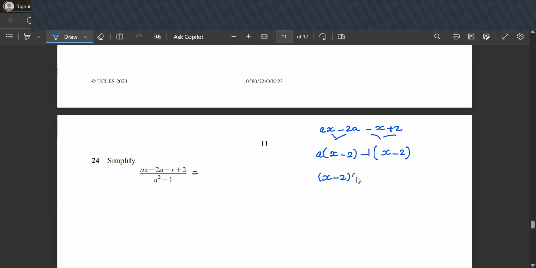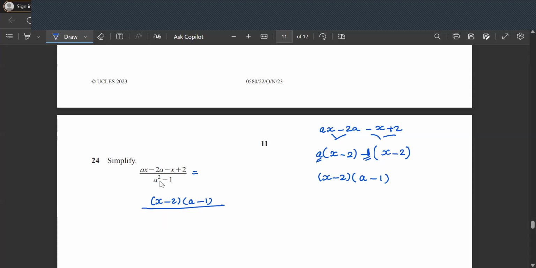Then open a bracket and write the two other common factors you took: a minus 1. You see here, if you forgot to write 1 here, I would say 5% you will forget to write negative 1 here. Okay, go back to the question. I will write x minus 2, a minus 1.